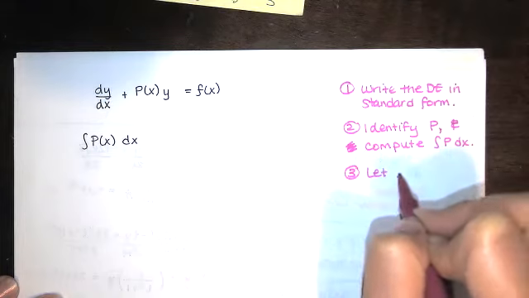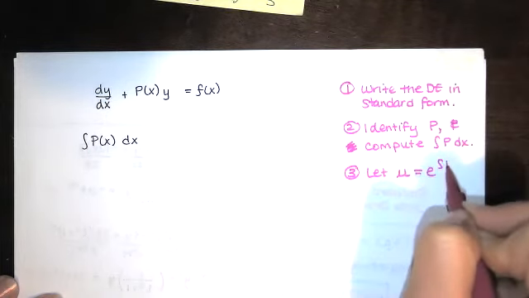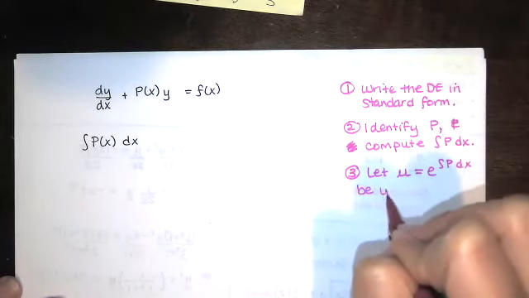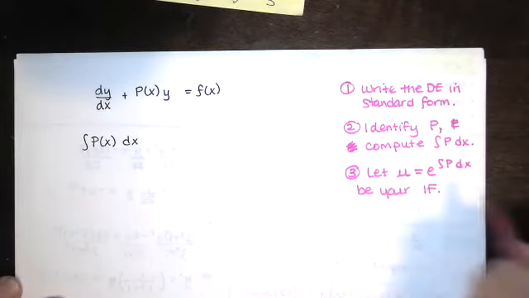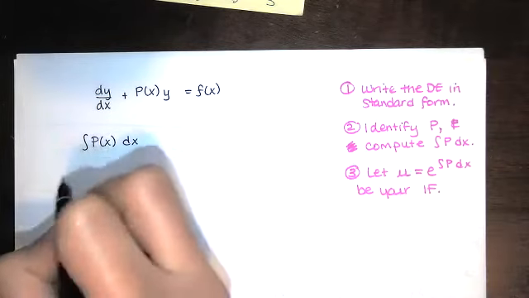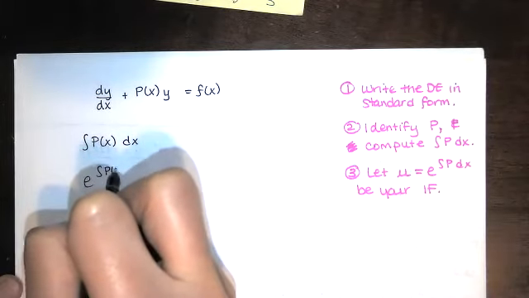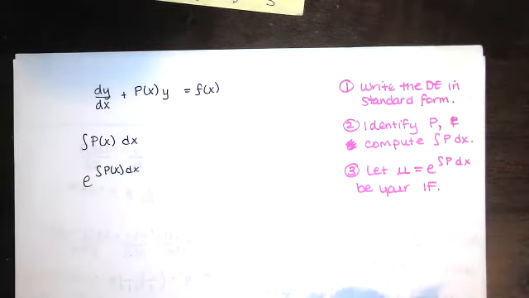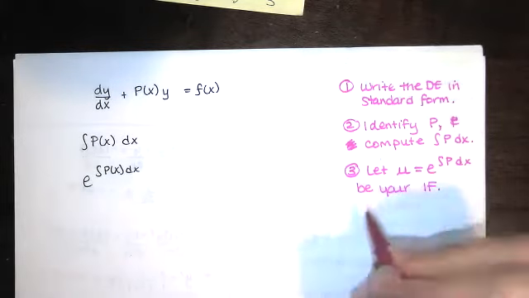Then you're going to let mu equal e to that power be your integrating factor. I'm just going to abbreviate that with IF. So normally we calculate that. And then after we've computed mu, we multiply both sides of the equation by mu.